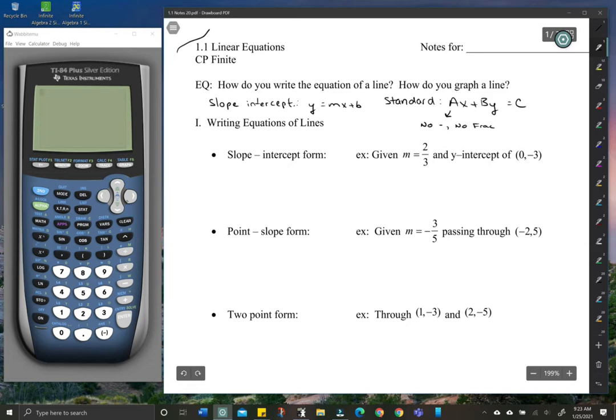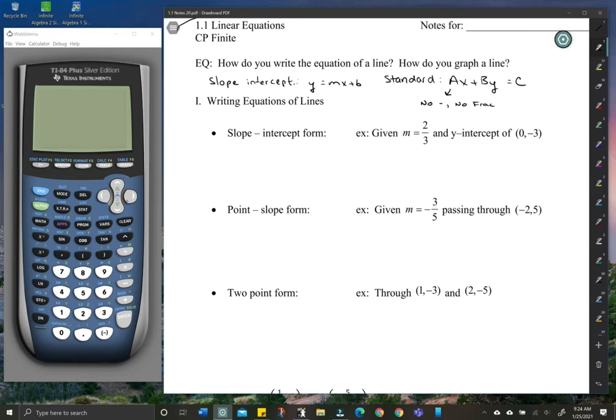All right, so let's look at a first example here. So first way is if I want to write a slope-intercept form, and this is kind of scenario one. Maybe I'll give you a point and a y-intercept, okay? If you're given a point and a y-intercept, that's pretty easy. The y-intercepts are always going to have the form (0, b), some number. We'll call that b.